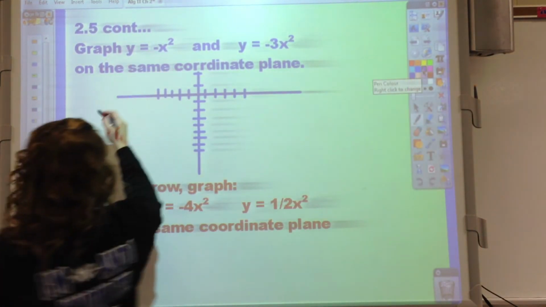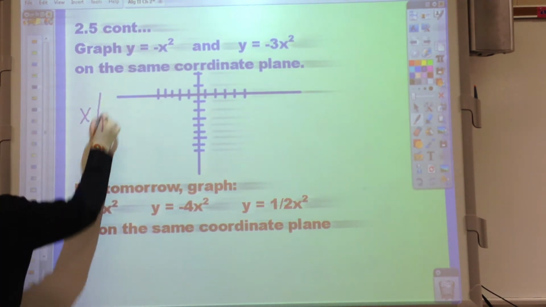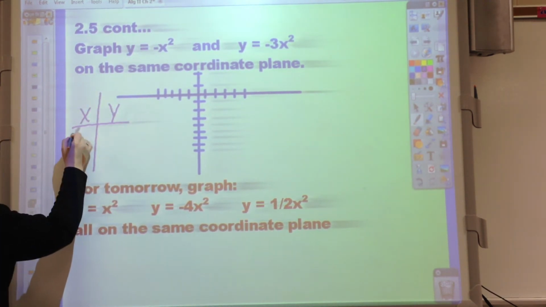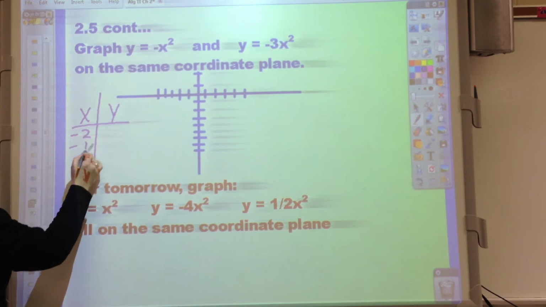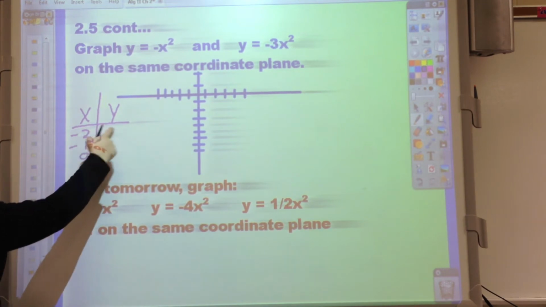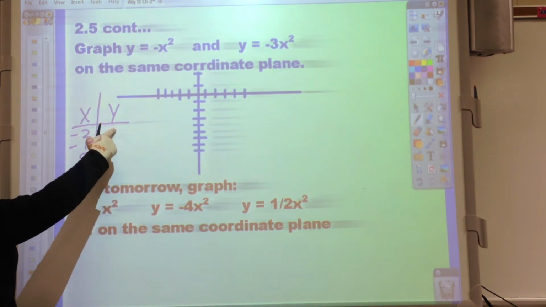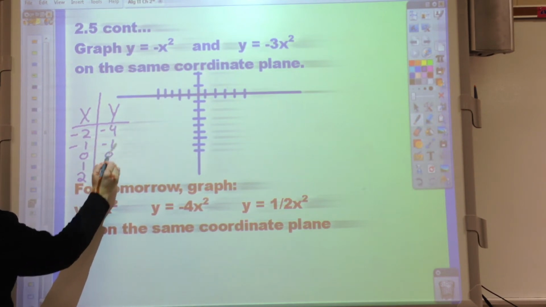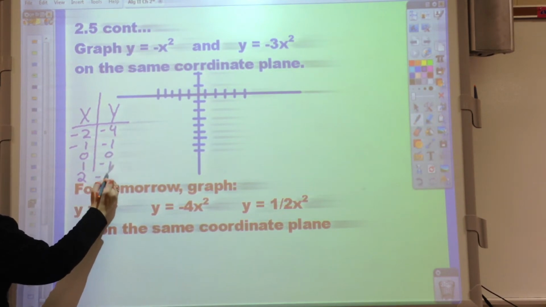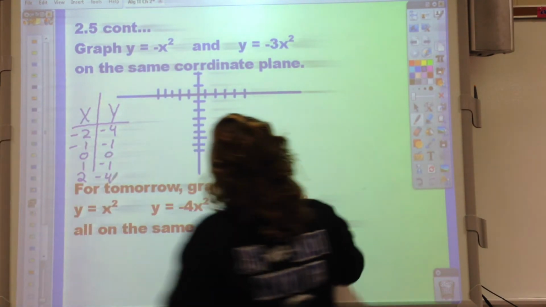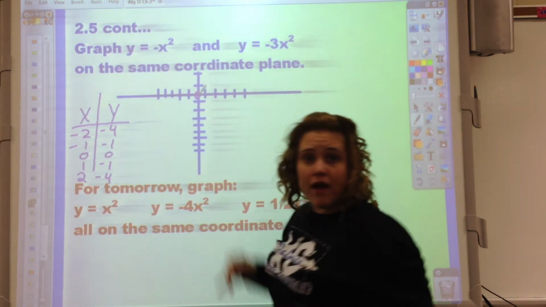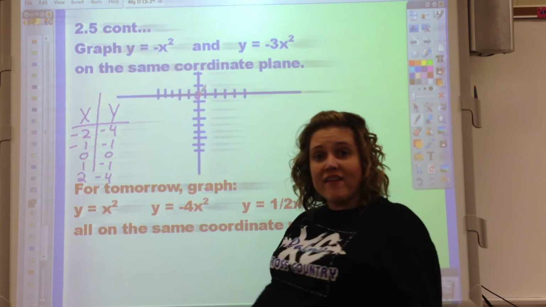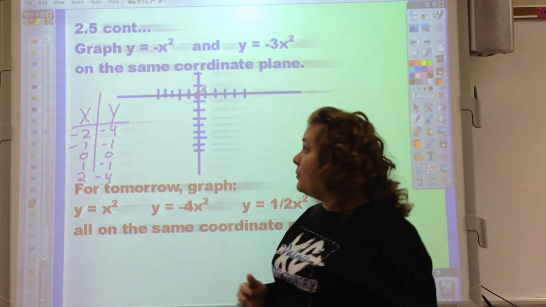For my first graph here, I'm just going to plug in points when I have negative 2, negative 1, 0, 1, and 2. When I square it and multiply it by negative, I get negative 4, negative 1, 0, negative 1, and negative 4. And so when I graph those, I still get 0, 0 every single time, because I don't have anything added or subtracted, just shifted up or down.